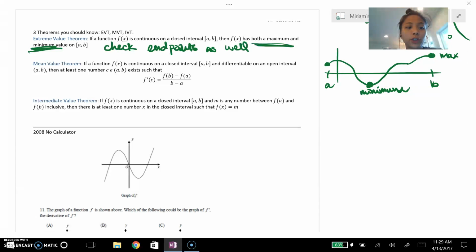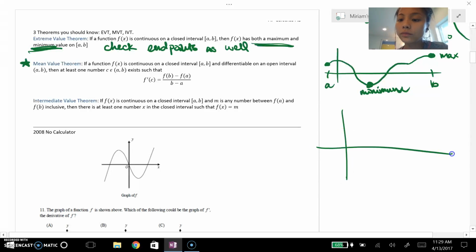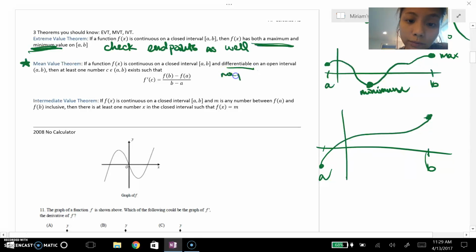The other theorem that shows up is the mean value theorem. Okay? If a function f of x is continuous on a closed interval, a to b, so same thing, you have a function, it starts at a, ends at b, can be anywhere. This is just an example. And it's differentiable, meaning no pointy parts within that interval.